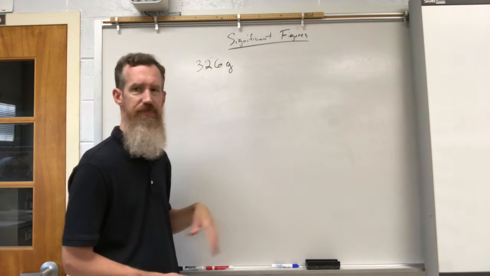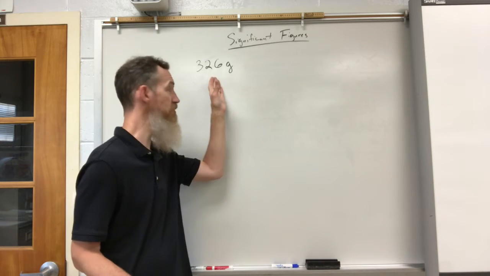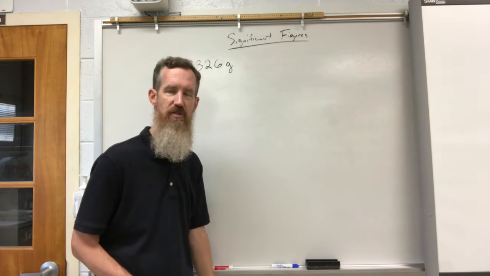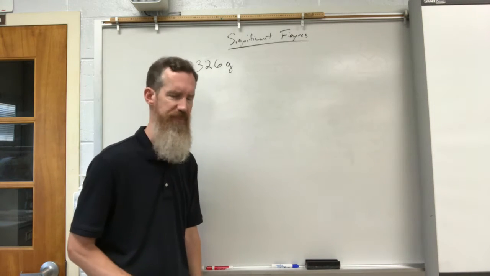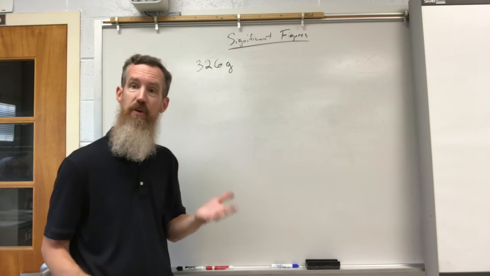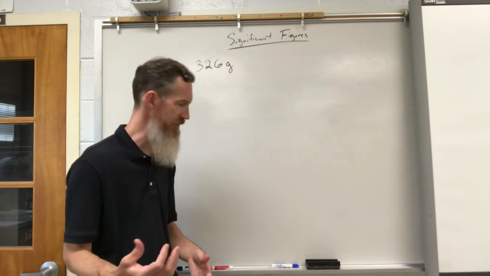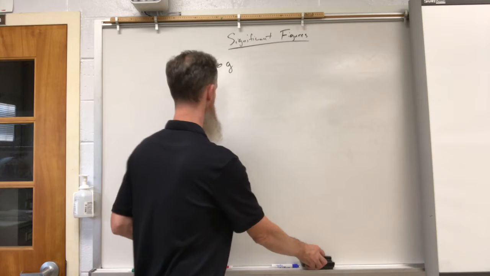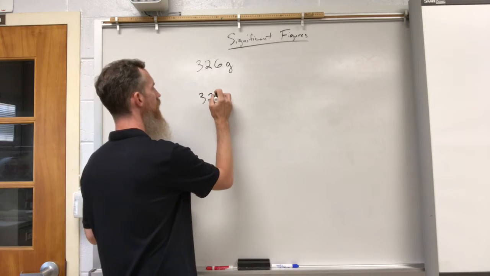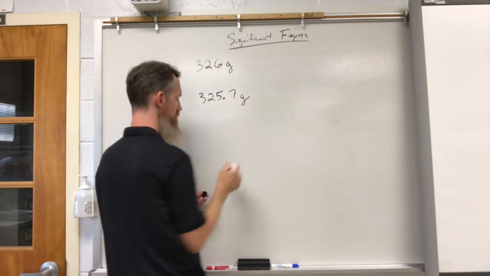For whatever reason, this particular scale only reads to the nearest gram, and the scale isn't to be trusted beyond that measurement in more of a fractional way. So now if you take that same object and put it on a different, more precise scale, perhaps on a second scale, 325.7 grams.